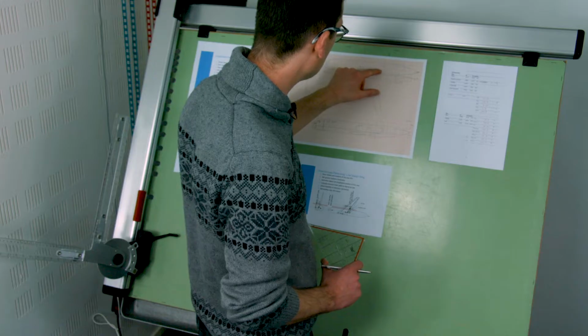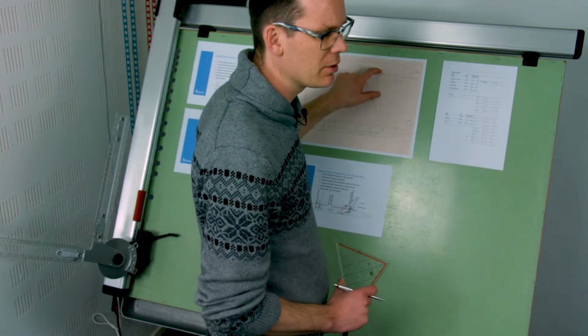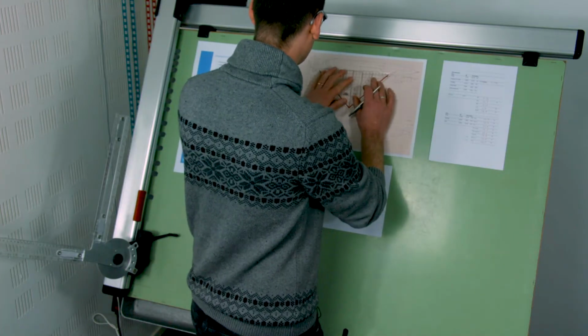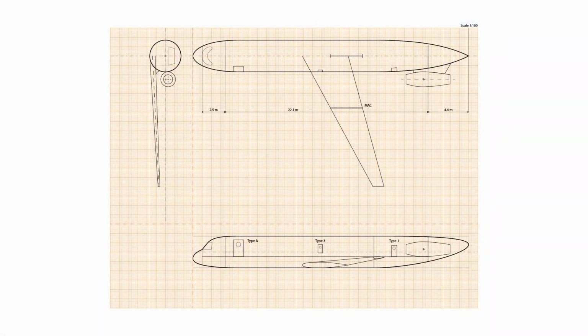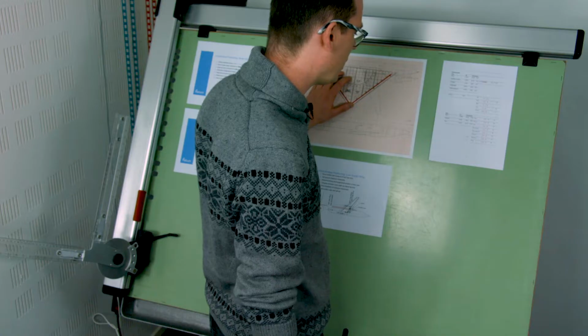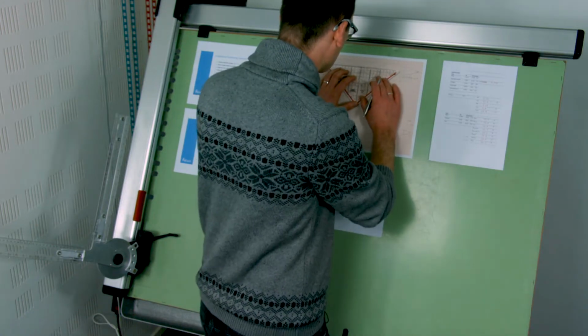I drew in the mean aerodynamic chord, just as a visual reference. Now the forward CG is located at 15 meters from the nose, coinciding almost exactly with the leading edge of the mean aerodynamic chord. And the most aft CG is 70 centimeters behind that, at 15.7.